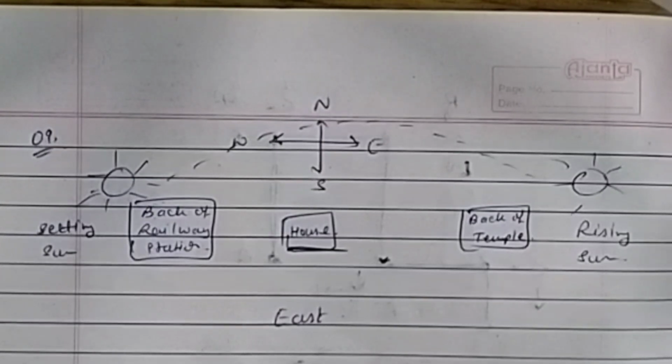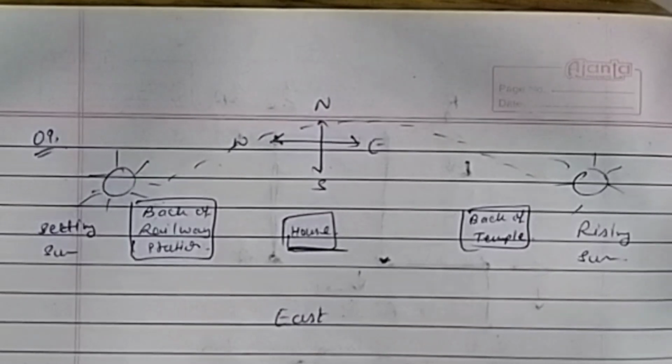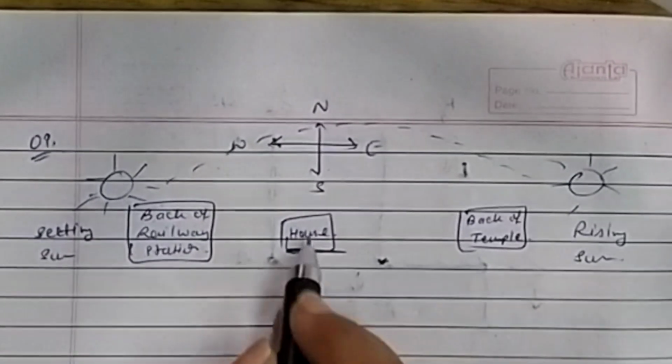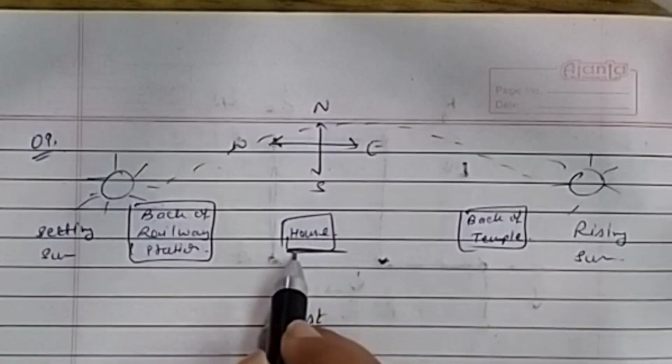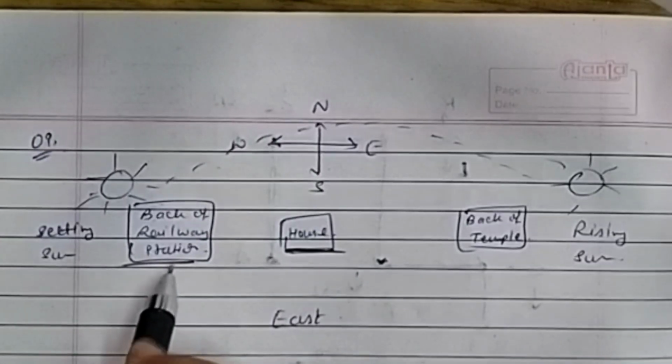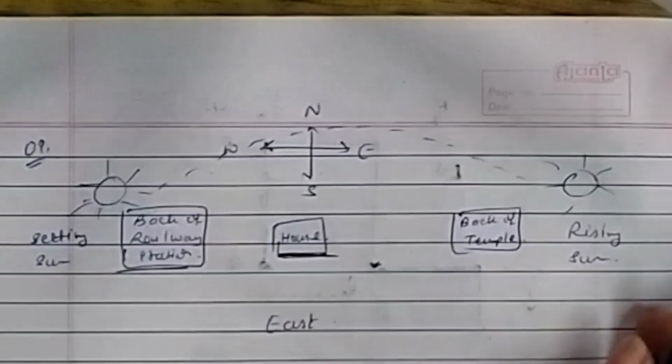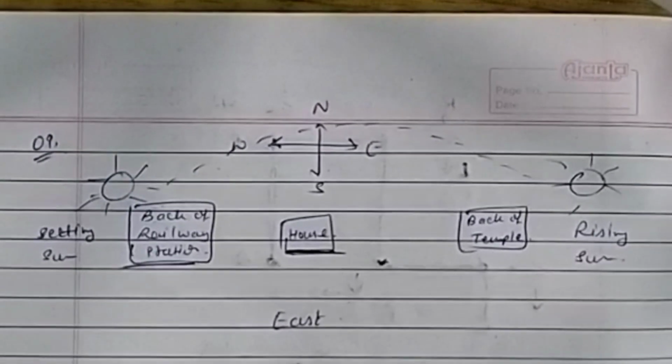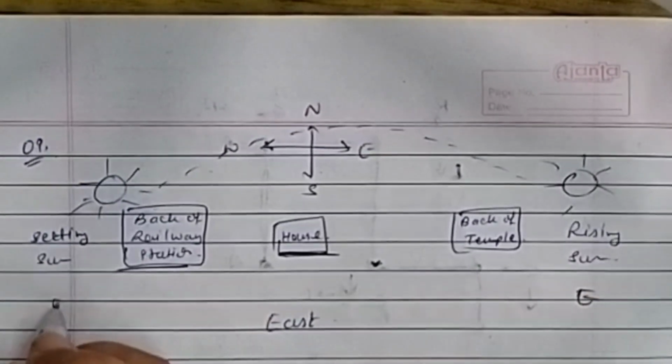So basically the question is asking what is the direction of the temple from the railway station. So we have considered that Mohan's house is in the middle, and because the sun rises from the east direction, we already know that, this is the east direction and this is the west direction.